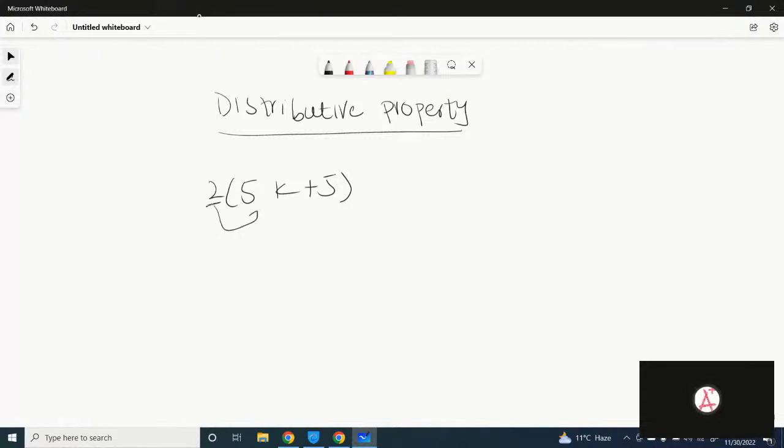It is multiplying 2 times 5k and then 2 times 5. It is distributive over the multiplication because 2 is multiplying the numbers inside the bracket. Got it? 2 times 5k is 10k and 2 times 5 is 10. It would be 10k plus 10.